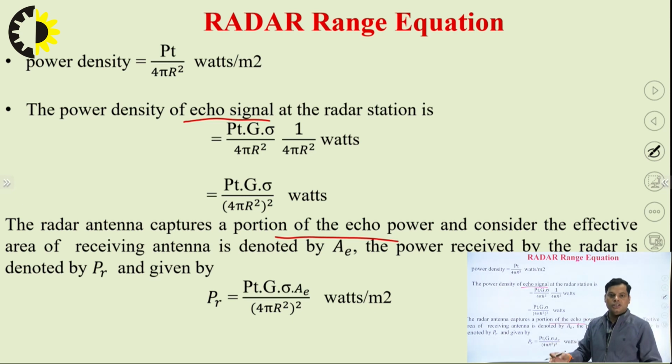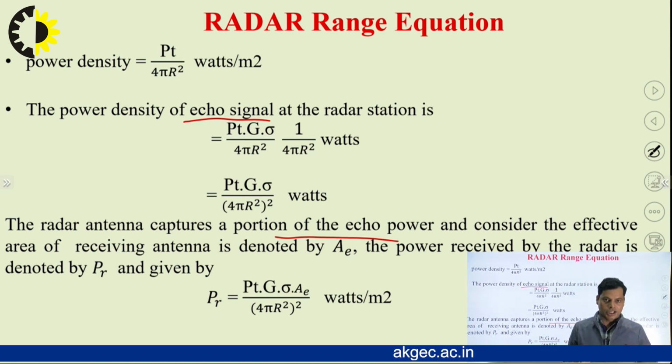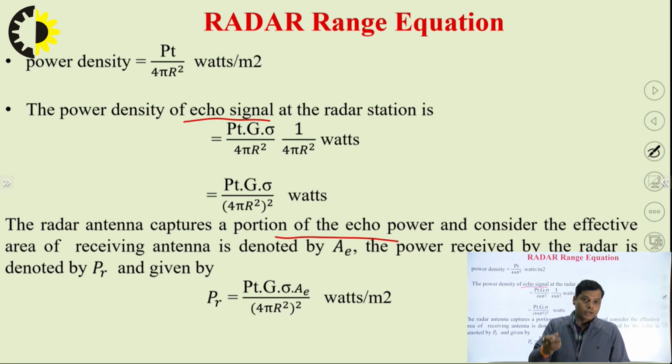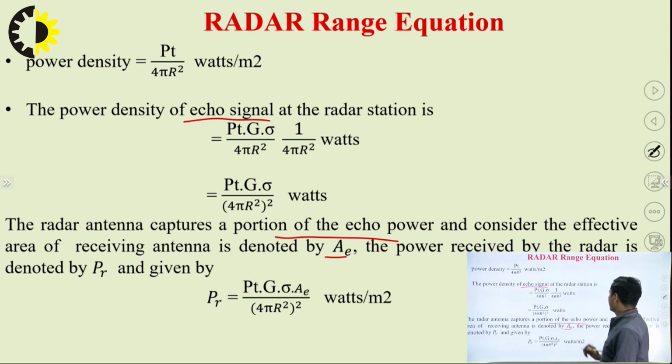The power comes back and is collected by the receiver section. The receiving antenna has another characteristic, the effective aperture, which signifies how much area of the actual size of the receiving antenna is collecting the power. Let's denote it by AE.